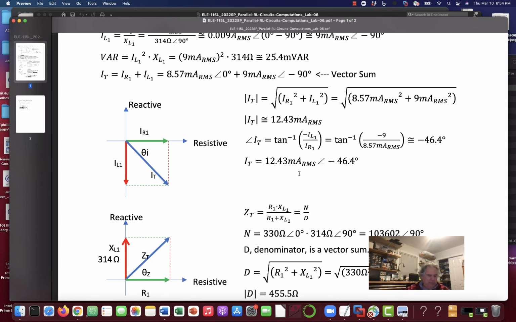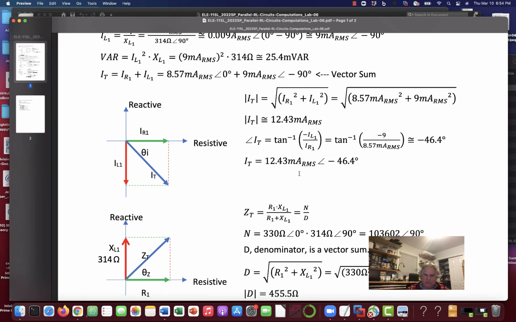So VT equals 2.828 volts RMS, at 0 degrees, and I'm going to divide by 12.43 times 10 to the negative 3.